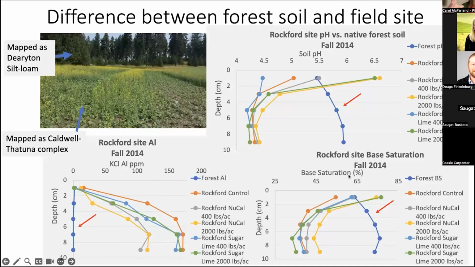Again, this is how much calcium and magnesium are on those soil exchange sites in lieu of acidity. And again, as you get into that stratified zone, those numbers start to get pretty low, especially when compared to the forested soil and what you see under the natural conditions that have not been fertilized.